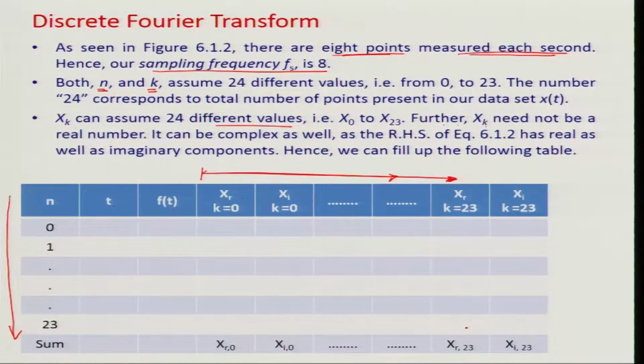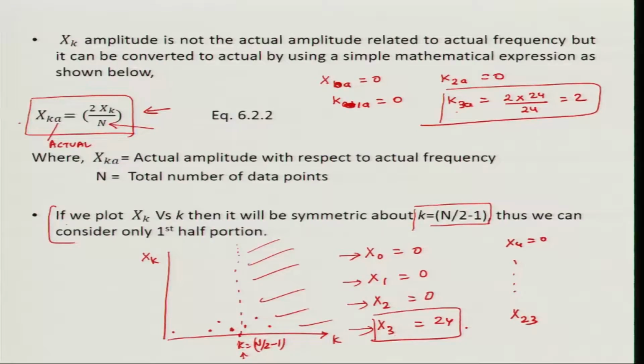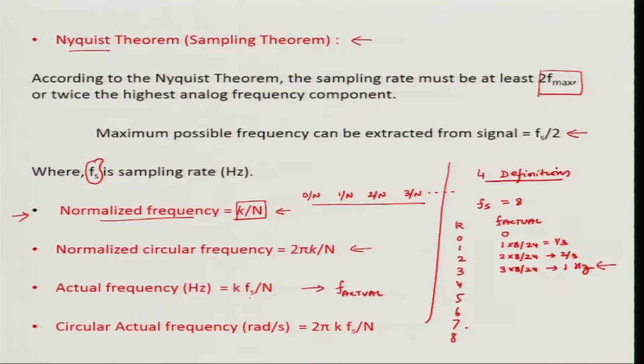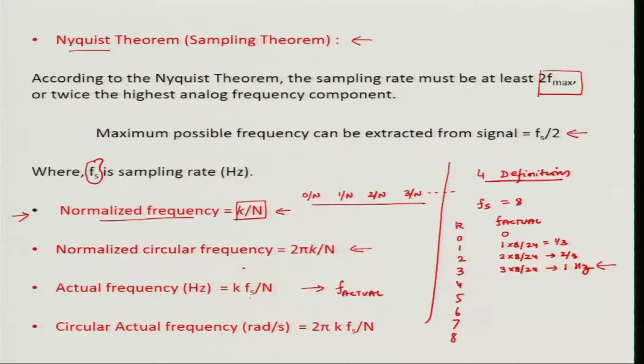So, now you know how to compute phase for each frequency component and how to compute its amplitude. The amplitude can be calculated by first constructing the table and then using this relation, xka equals xk divided by n, and then the corresponding frequency can be calculated by using this relation. Okay.